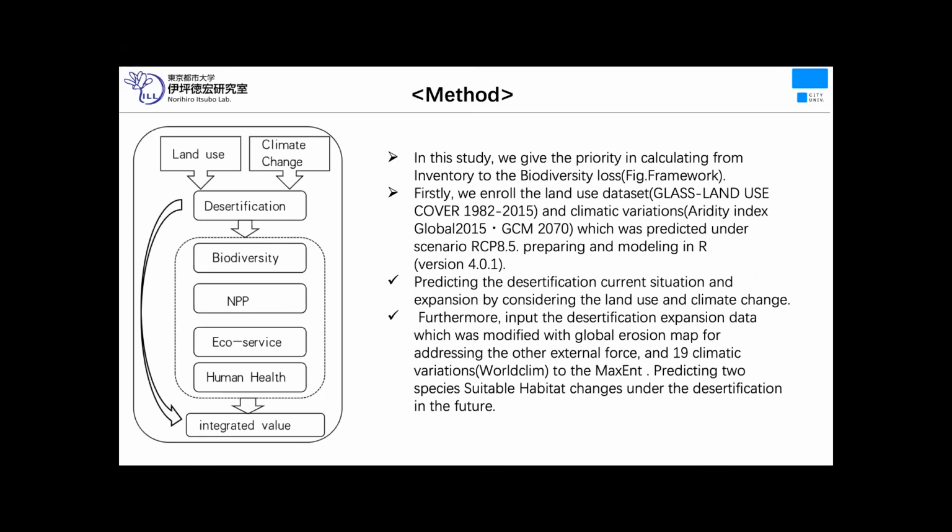Furthermore, we input the desertification expansion data, which was modified with the global erosion map for addressing other external forces, for example wind erosion, and the 19 climatic variations to the Maxent model. Predict the two species' suitable habitat change under desertification in the future.